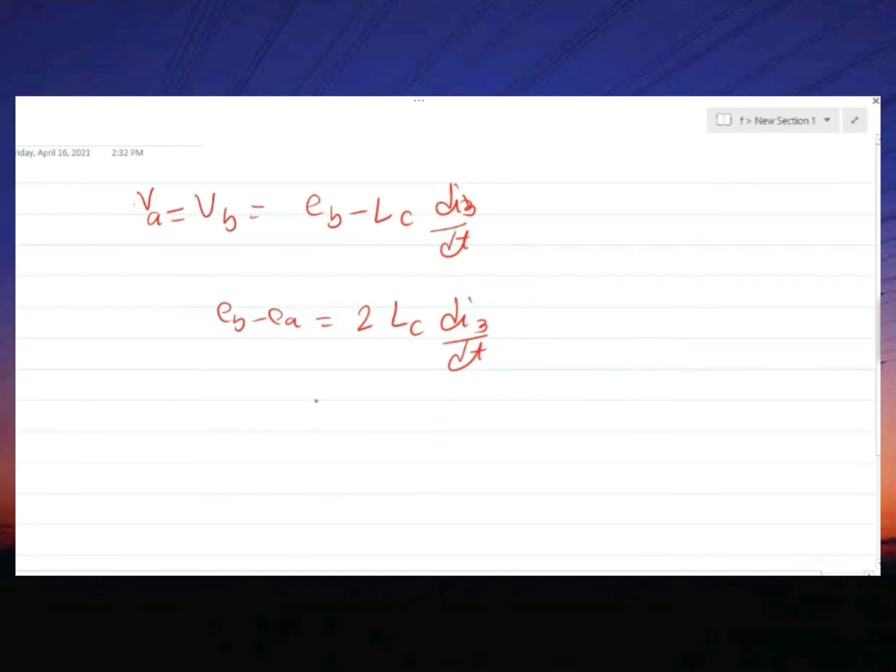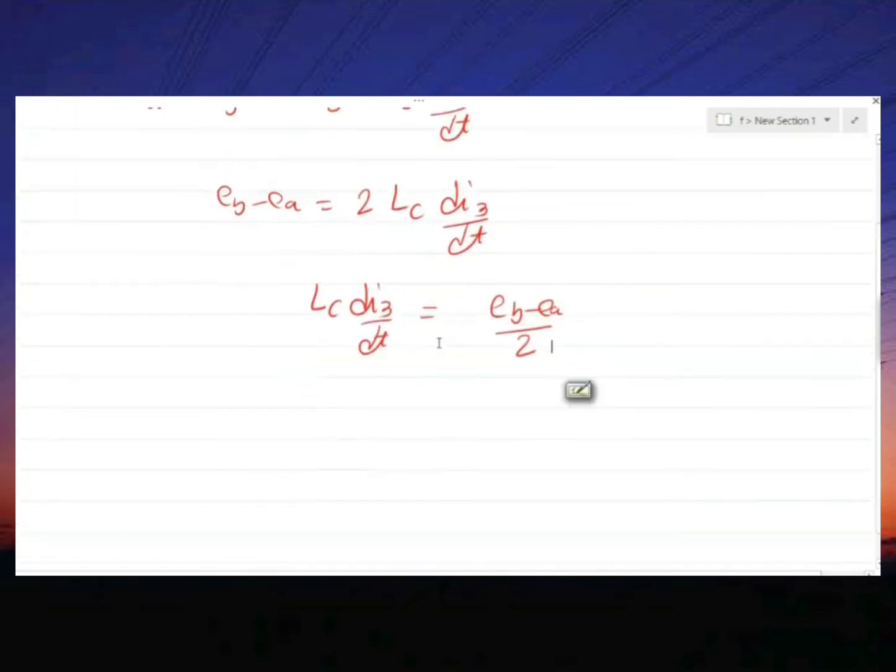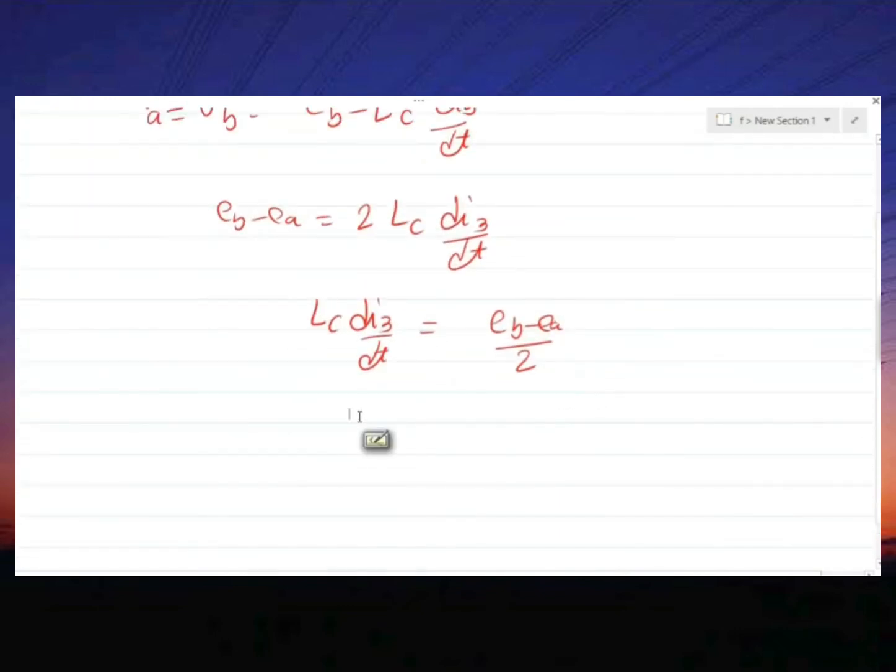So you get LC di3 by dt is equal to EB minus EA by 2. Put the value of LC di3 by dt in this equation, and you will get VA is equal to VB is equal to EB minus EB minus EA by 2. This is the LC di3 by dt.